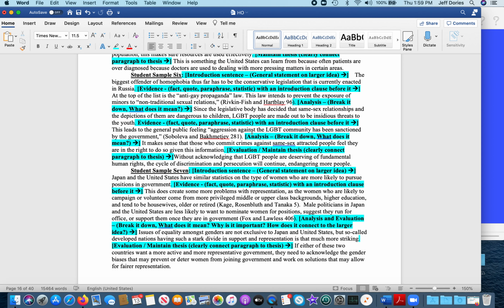It's just vague enough. It could be considered common knowledge, and it's a general enough idea. Okay. So their evidence here, at the top of the list is the anti-gay propaganda law. This law intends to prevent the exposure of minors to non-traditional sexual relations.